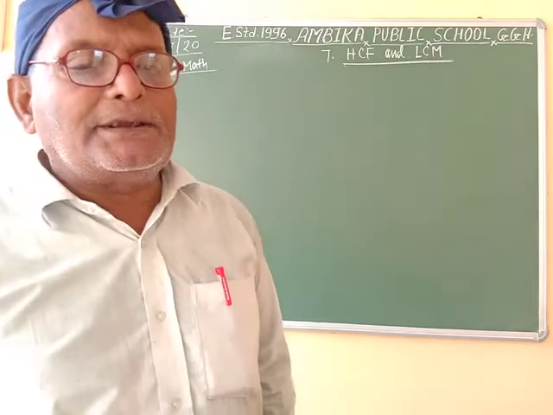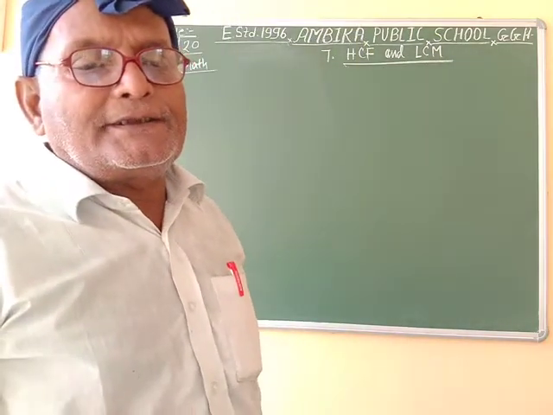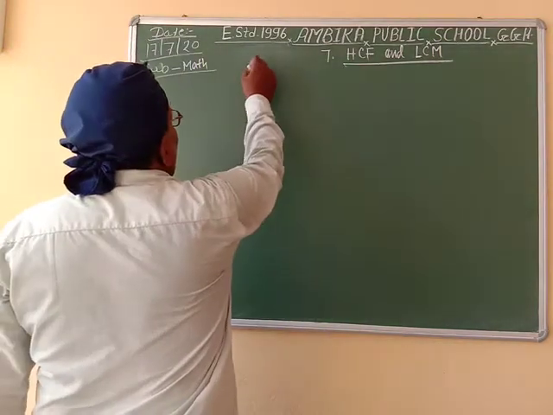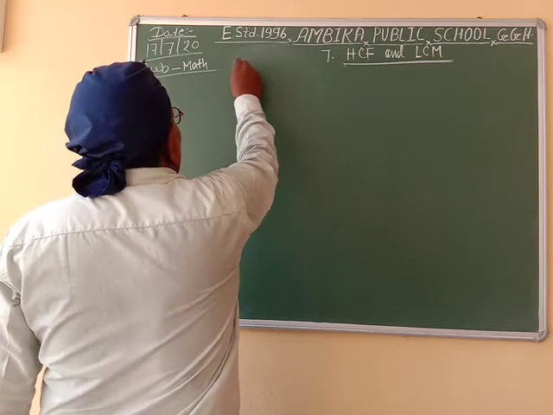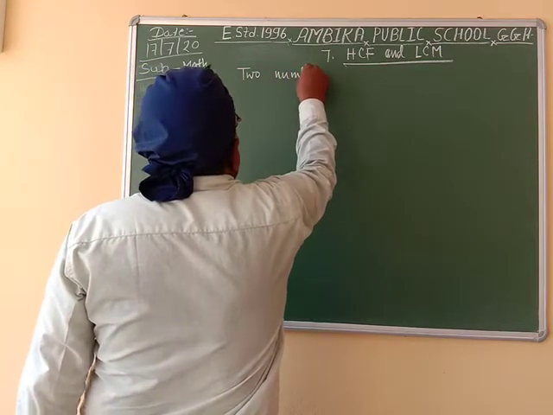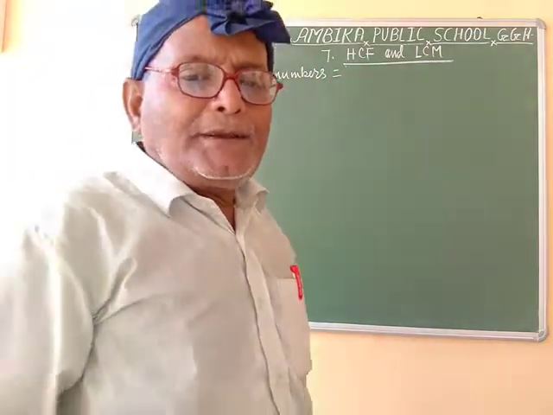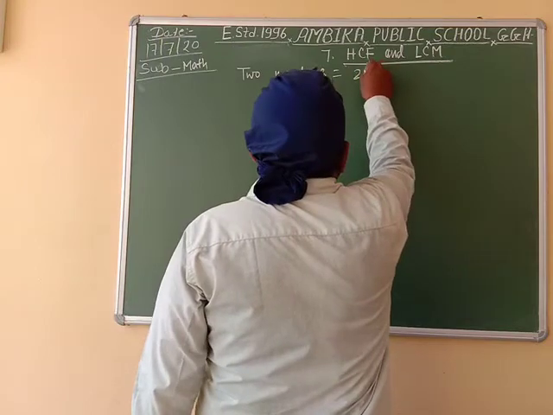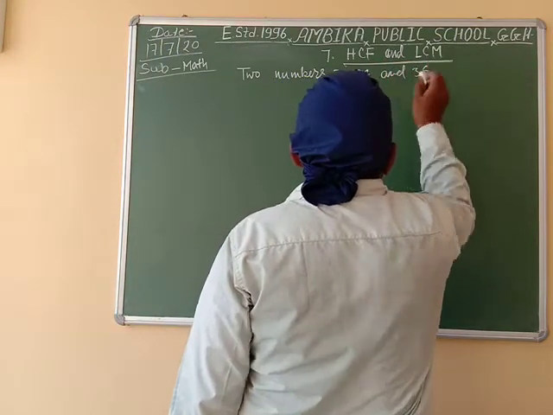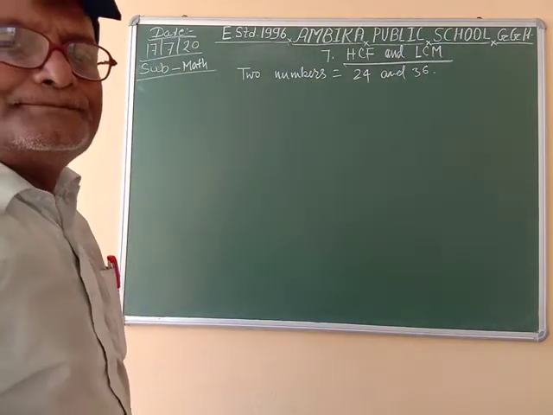So, common factors. Let us consider the factors of 24 and 36. Let us suppose two numbers, 24 and 36.